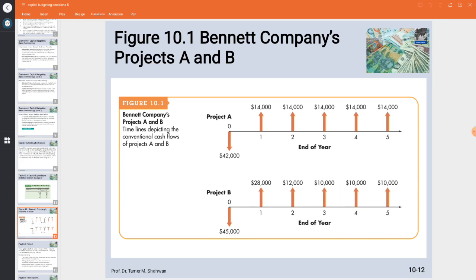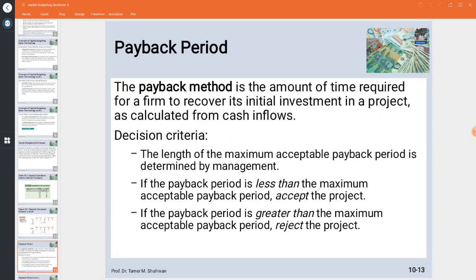Then after you are figuring the cash flow of each project, you must decide how we are going to compare between those two projects. Actually, in capital budgeting techniques, we have many techniques that could be used for this purpose.